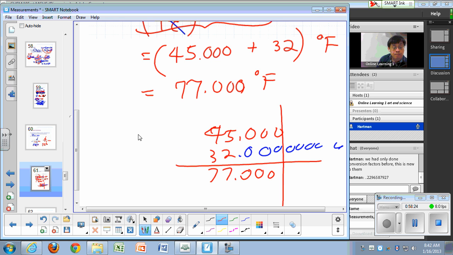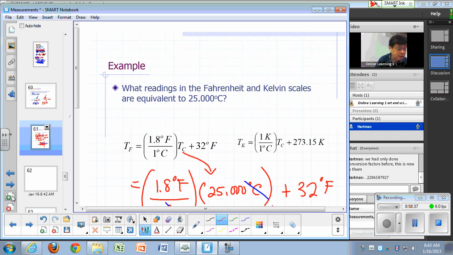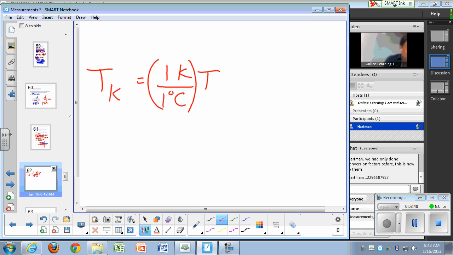Okay, let's try Kelvin. We need to convert 25 degrees Celsius to Kelvin. So temperature in Kelvin is equal to 1 Kelvin per degree Celsius times the temperature in Celsius, add 273.15 Kelvin. Okay, so now what do I do?